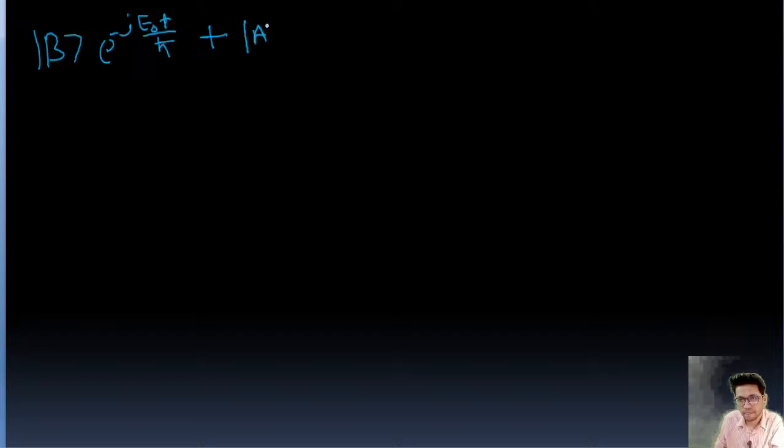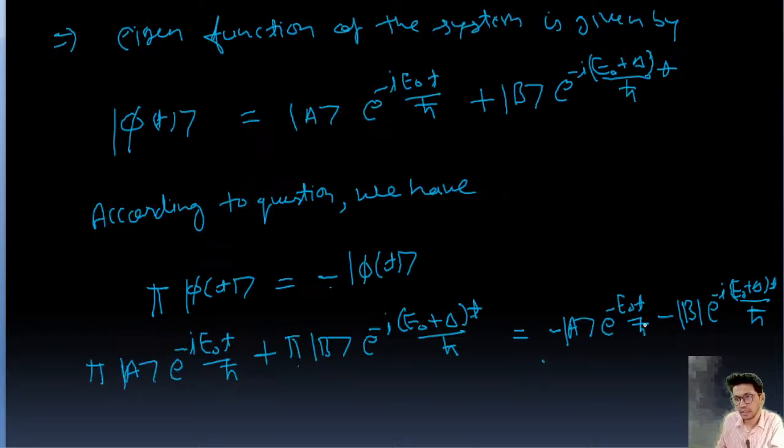e to the power minus iota E naught plus delta T upon H cut, and that is going to be equal to this one, minus A and minus B, right?